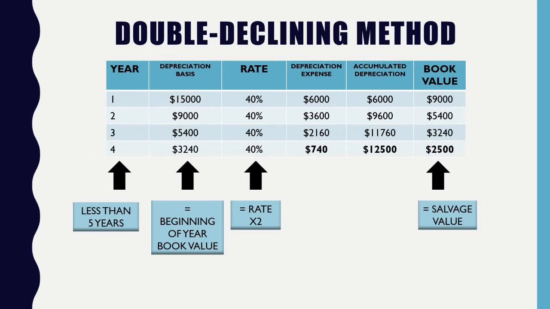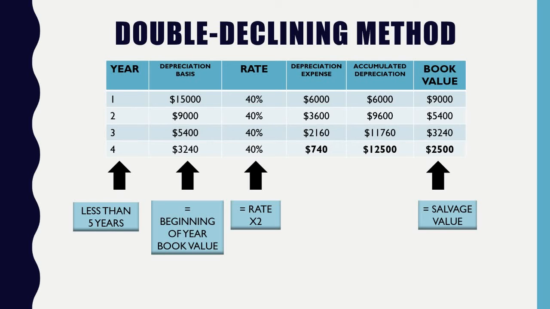So here's a few things that I want you to notice. Again, the useful life may not reach 5 years. So it is definitely less than 5. In this case, our beginning of the year book value has changed due to what we solved for our book value for every year. But what you're going to notice is the rate will always stay the same.